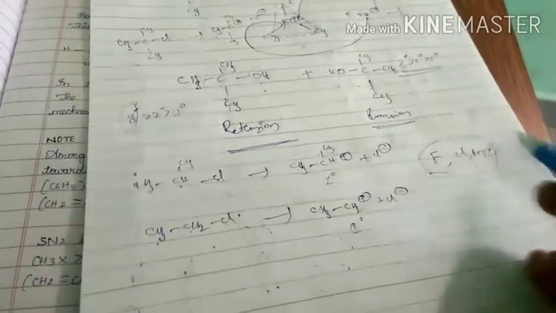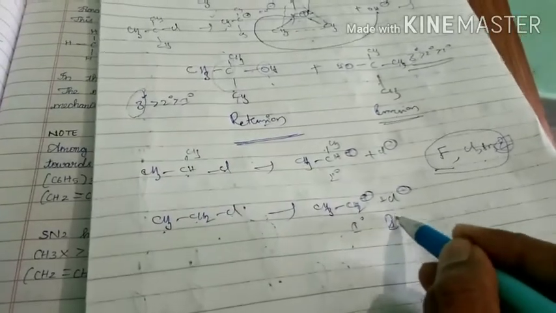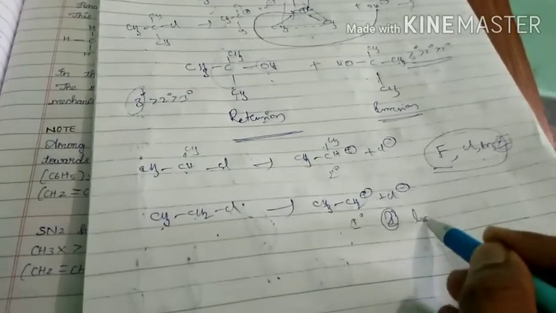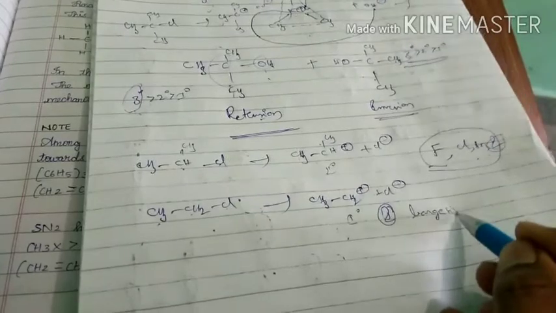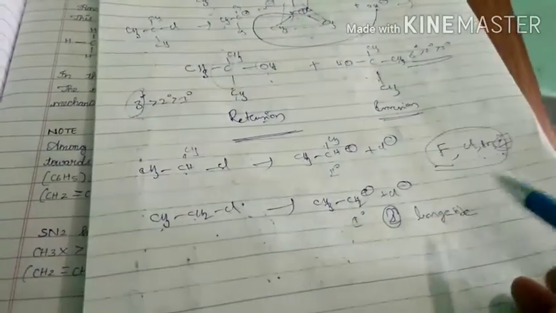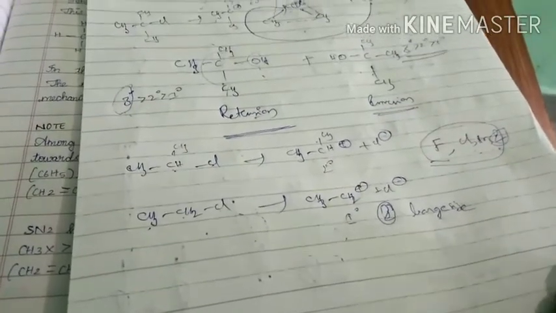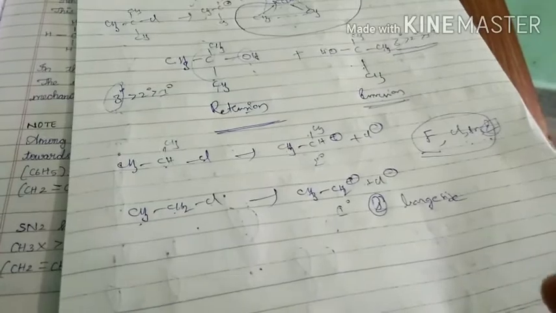In the iodine case only the rate of reaction is more, because iodine is a larger atom. It has a larger size compared to fluorine, chlorine, bromine. So it can form longer bonds. Finally, the bond will be broken very easily. That means the rate of reaction increases.